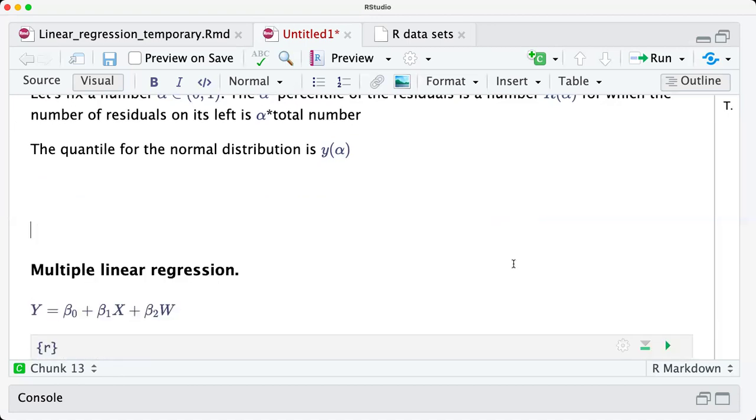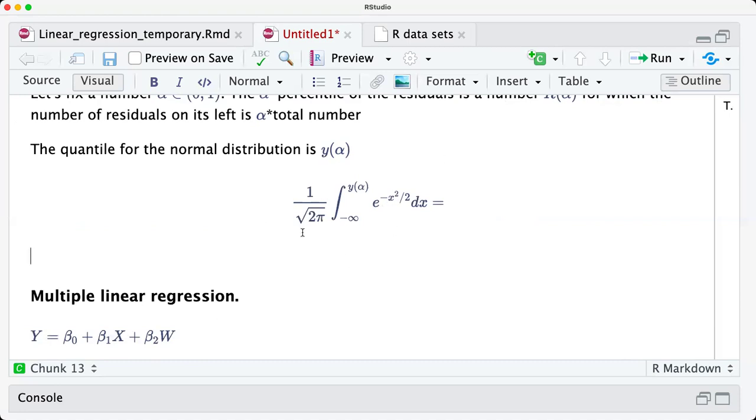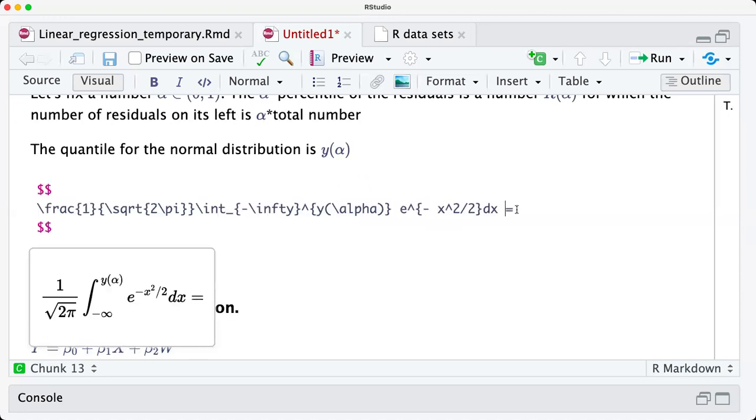What I'm writing here is the probability that a normal is smaller than a number y of alpha. And this number y of alpha is such that this is equal to alpha.